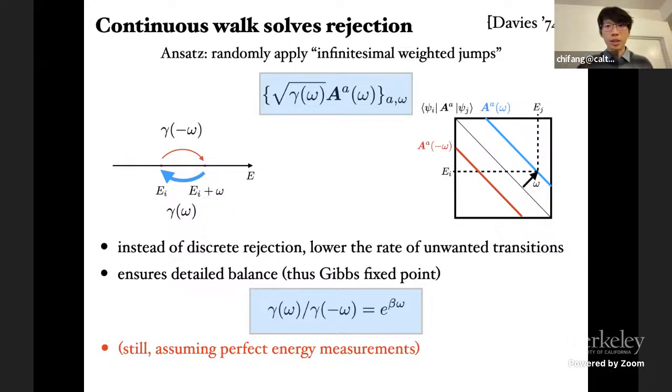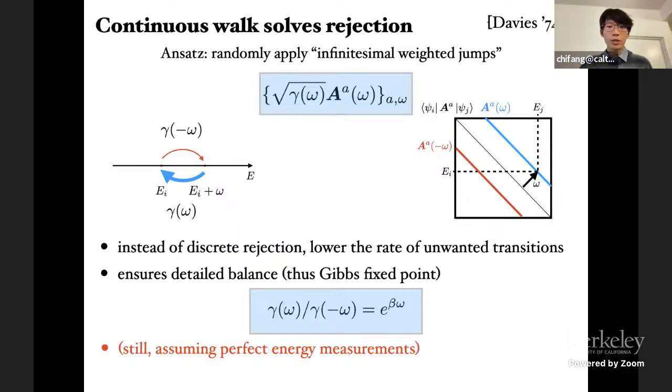Now you can take these transitions to be your favorite amplitudes of A, sandwiched between energy states, the ones that we have been talking about. And now, instead of doing a rejection step, all you do is simply lower the rate of the unwanted transitions. So you really just multiply these infinitesimal transitions by the appropriate weights.